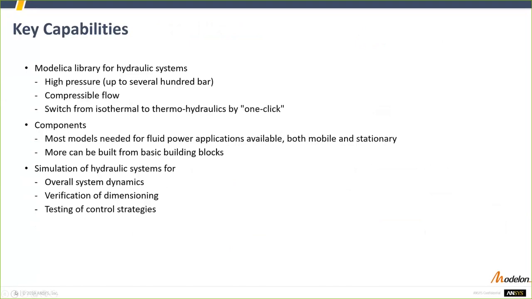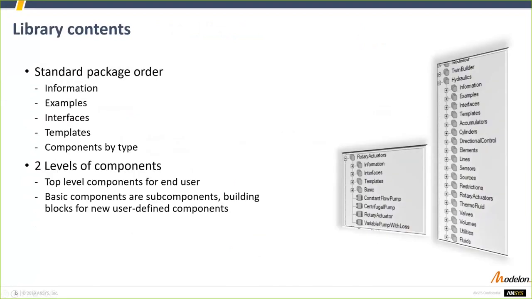It's well suited for many applications. I listed here a few, and at the end of this slide, we also see other applications. We have a standard package order, which includes information, which is the documentation of the library, and the package in which we have some examples, interfaces, and templates that you can use to build your own model.